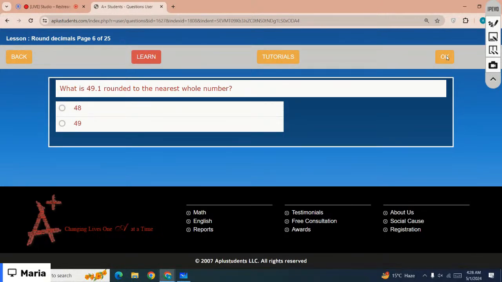What is 49.1 rounded to the nearest whole number?